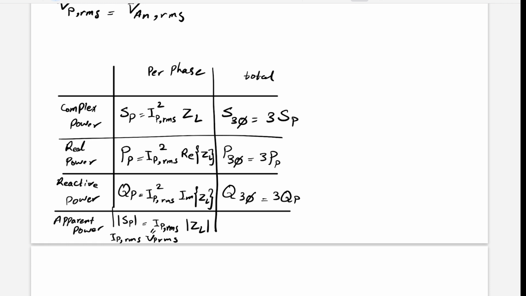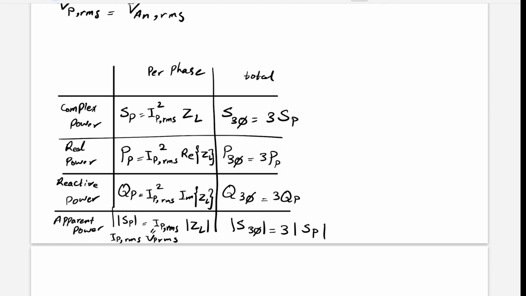The apparent power of 3 phases will be equal to 3 times the apparent power of each phase. So this is very important.